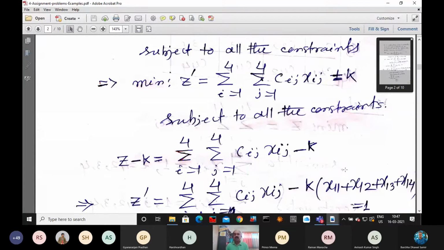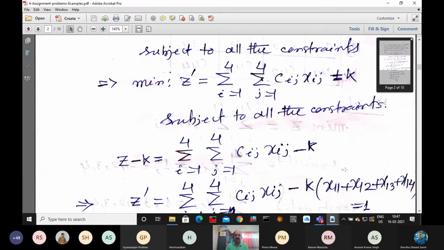Let me say I am subtracting this k from all the first row elements. For the first row elements, the cost coefficients are C11, C12, C13, C14, and with respect to them there are 4 variables: X11, X12, X13, X14.